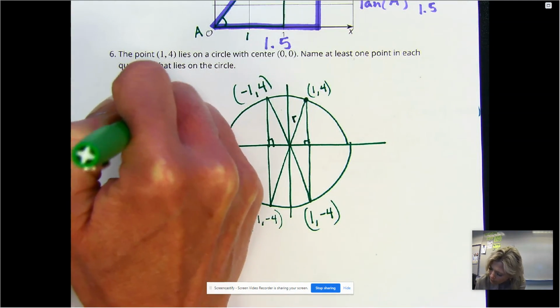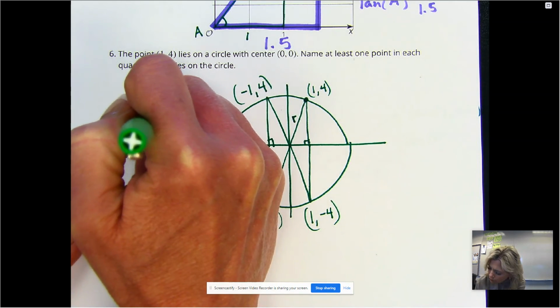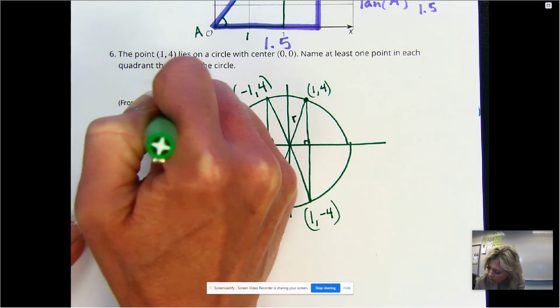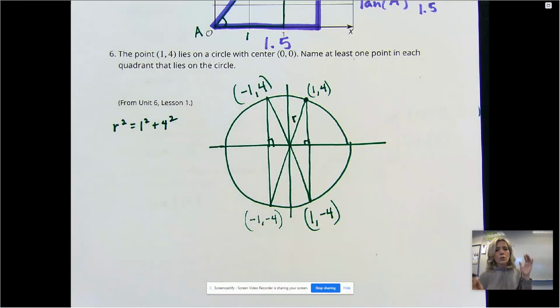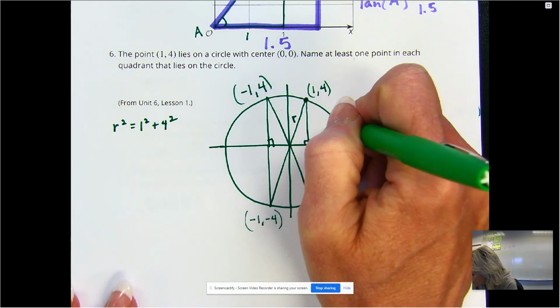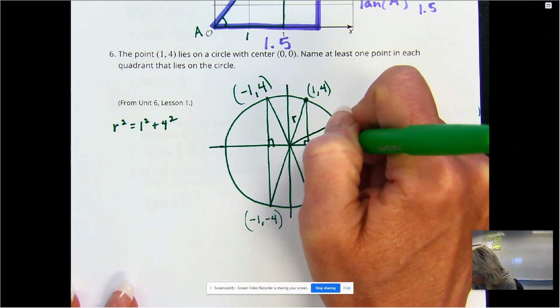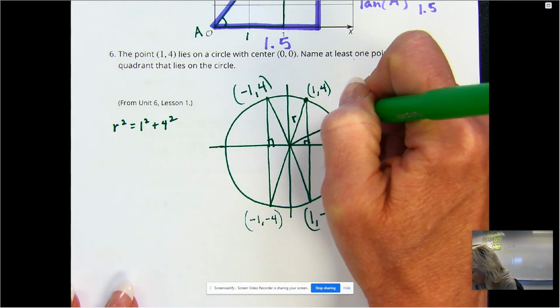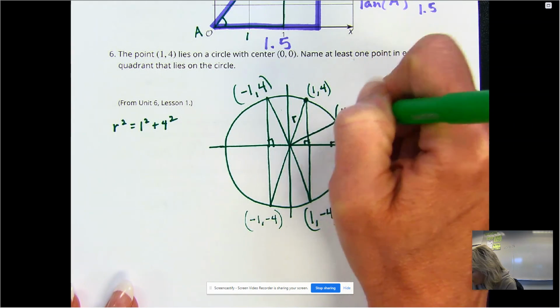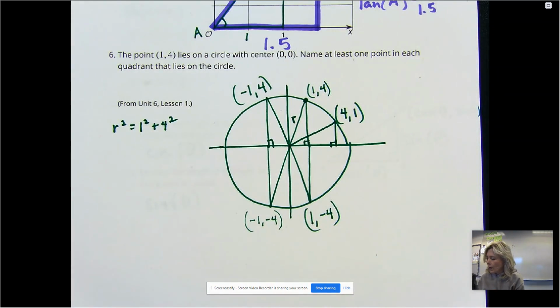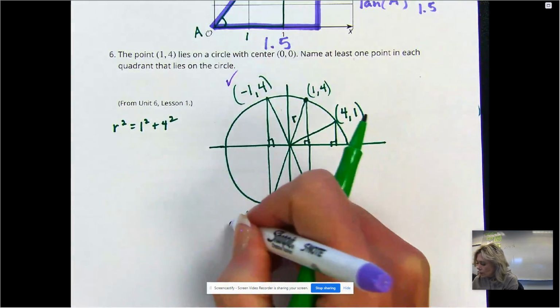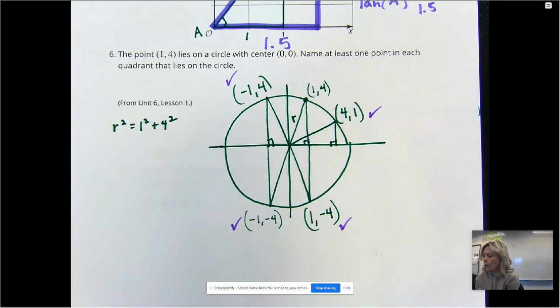If r squared is equal to 1 squared plus 4 squared, if we switch the 1 and the 4 around, that would still be true. So that gives us, I'm going to estimate it to be right here in quadrant 1, (4, 1). Okay, so we've got one additional point in each of the quadrants now.